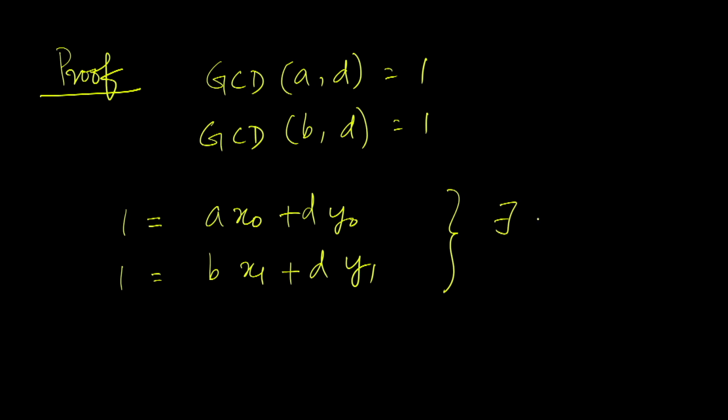So, there exist x0, y0, x1, y1, all integers, so that this is satisfied. Let us define z1 as D y0 y1 minus y0 minus y1 and z0 as x0 x1.